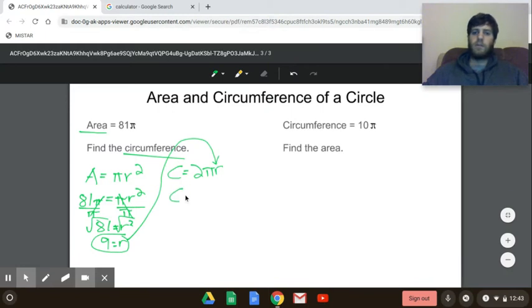So circumference is going to be 2 pi times 9, which is going to be 18 pi. Right? There's no units here, right?